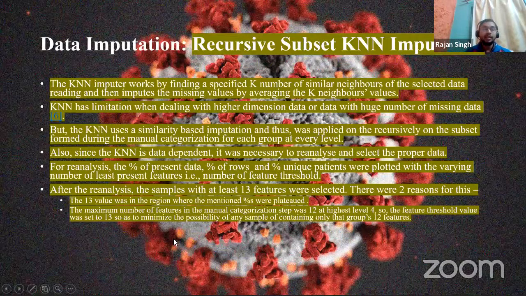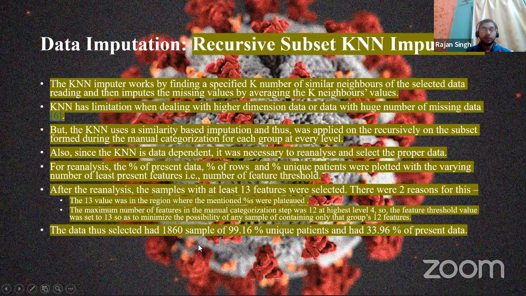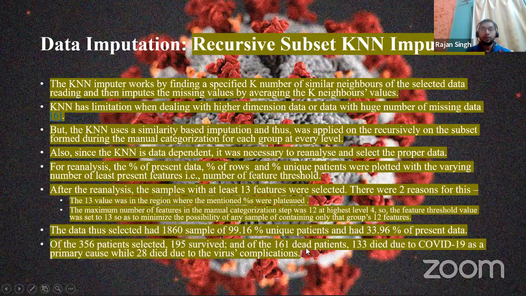So finally, the data selected was 1860 with 99.16 unique patients and 33.96 of present data. Now, this was out of 356 patients selected, 195 survived and 161 were dead patients. So for the graph that I told about, we plotted the number of features that were present for particular readings, and we plotted the filled data cells for it.